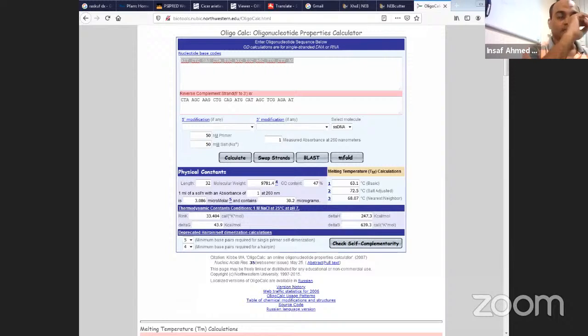So if you grow it overnight, by next morning you will have plenty of cells, and because they have your gene of interest, your construct, when E. coli grows, your protein will also express there.